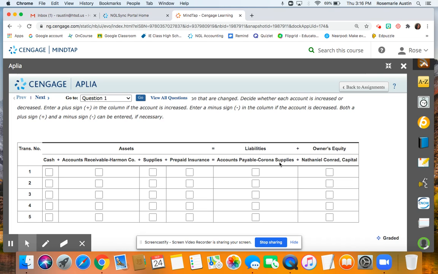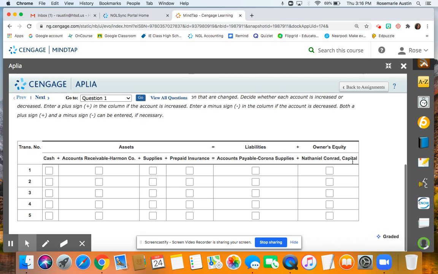And liabilities, over on the other side, we have accounts payable, and then the owner's equity and the owner's capital account. We're just going to put a plus in a column if an account increases, and a minus if the account decreases. We talked this morning about how revenue increases capital.